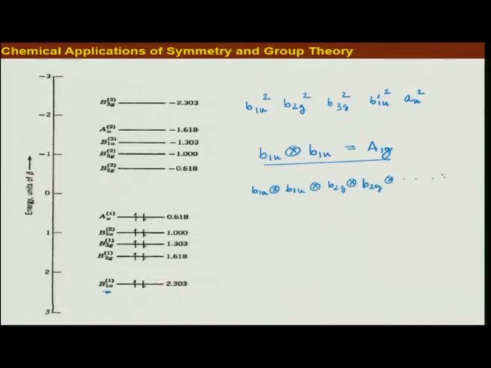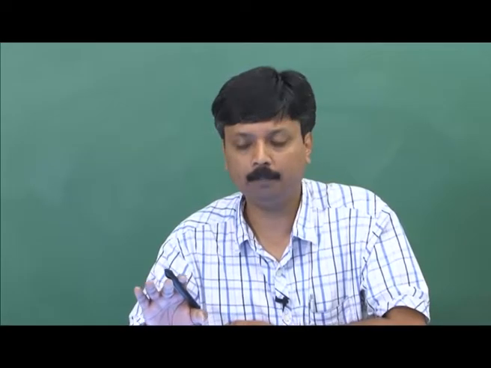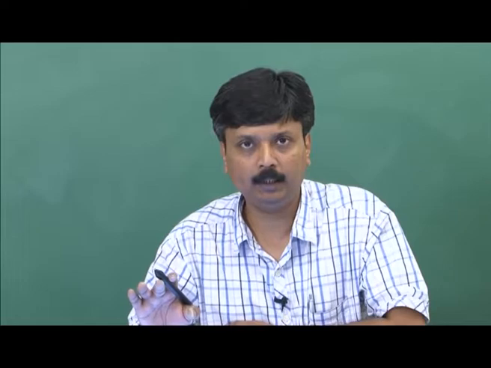Each one of them gives the totally symmetric IR. So since all of the orbitals are occupied by 2 electrons, overall the electronic state of the system is totally symmetric, right?